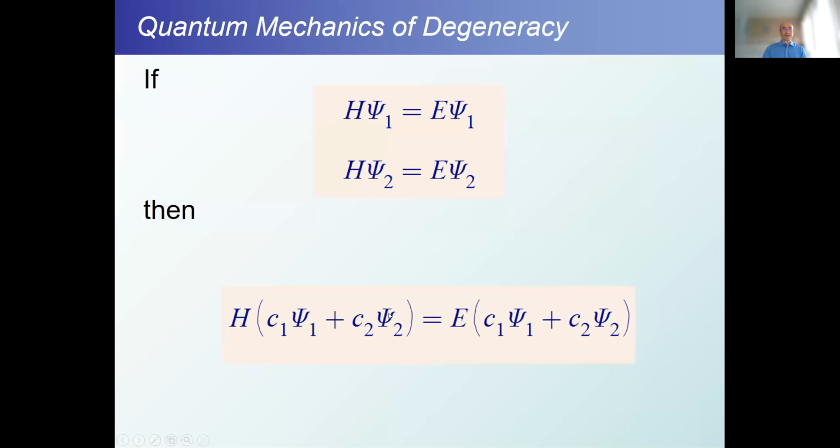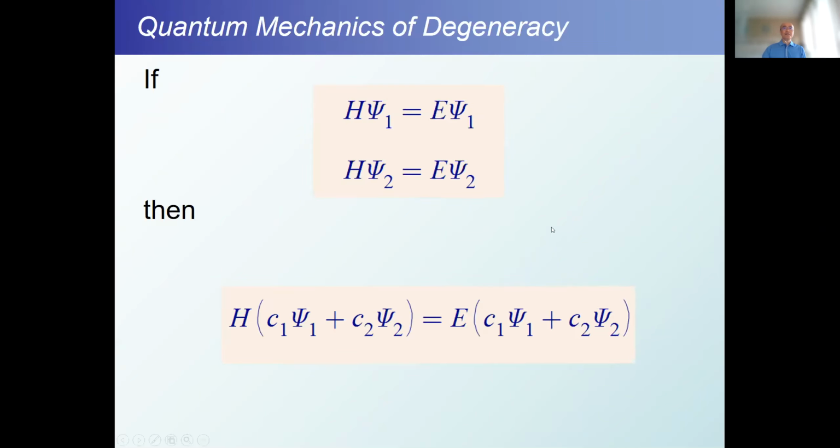However, a connection has been made that the fractional number of electrons condition is closely related. It can be derived based on the quantum mechanics of degeneracy. So what does that mean?